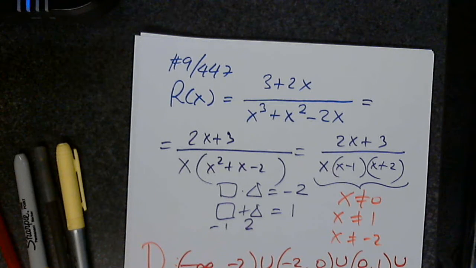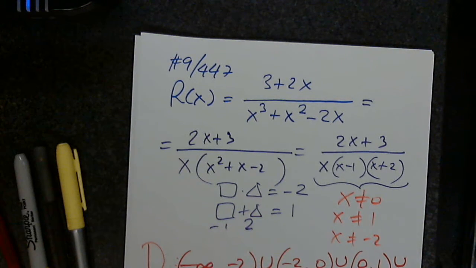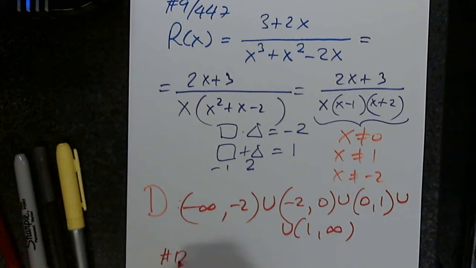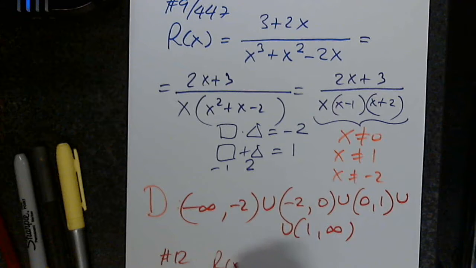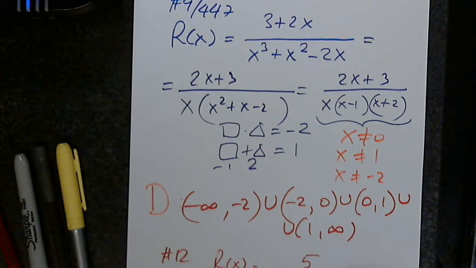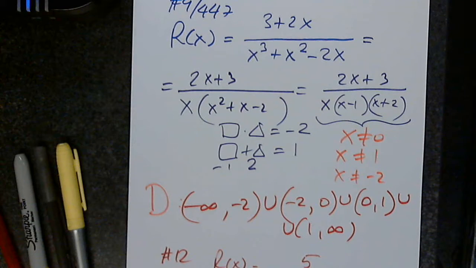What about number 12? In number 12, we have r of x, which is 5 over x squared minus 7x. Same question. Please give me the domain.